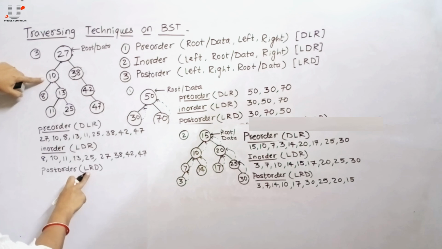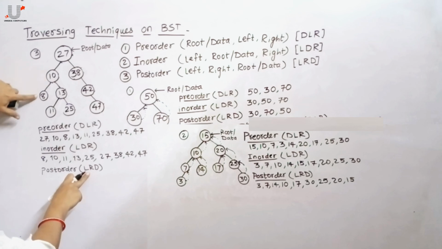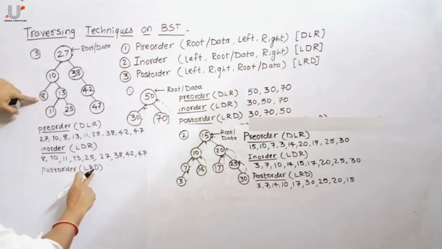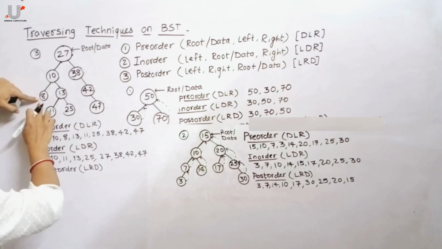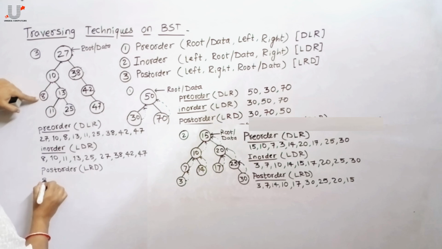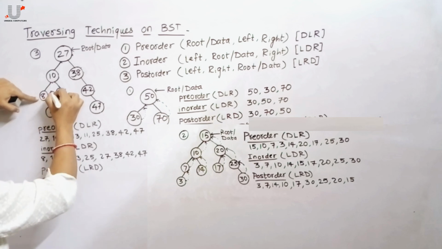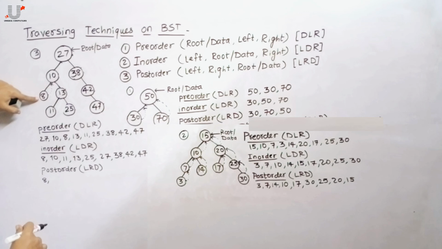Again LRD gets applied for this 10. As an unprocessed left subtree is there, control will transfer to this 8. On that 8, again apply LRD. As no left subtree is there and no right subtree is there for 8, 8 itself gets processed. After processing, the control will transfer to its previous location.